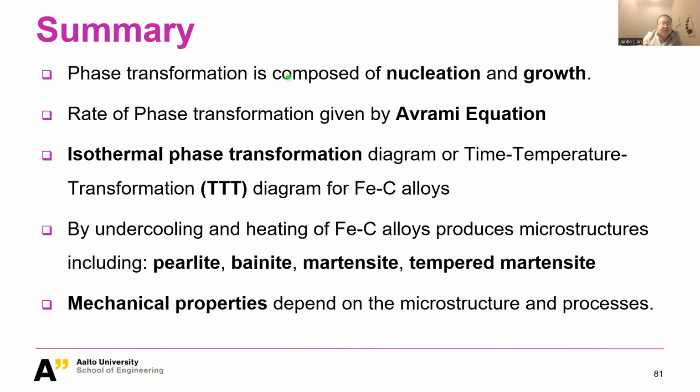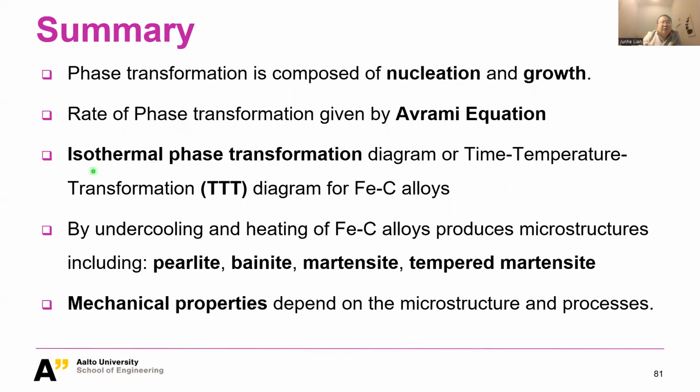Here, I would like to give you a summary about the whole lecture of phase transformation. If you recall, first I introduced you the process of phase transformation, which is composed of nucleation and growth. And we also introduced the Avrami equation to characterize the rate of phase transformation.